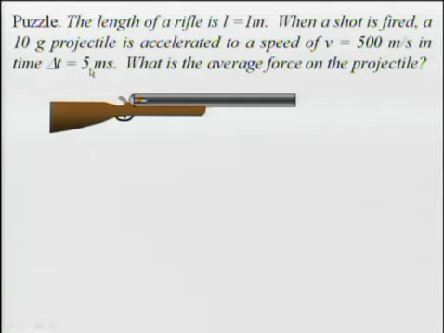Here we have 5 times 10 to the power of minus 3. So 5 and 5 cancel, and we will have 10,000. Now I have to multiply it by 10 grams, and that way I can find what was the net force, if it were constant.